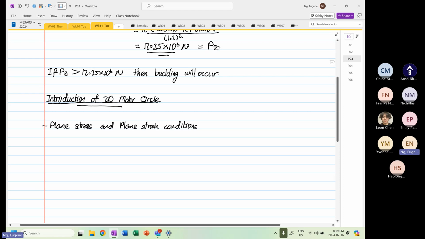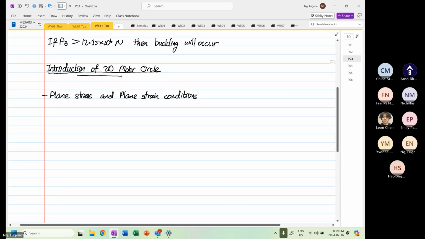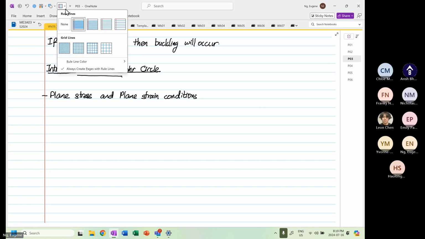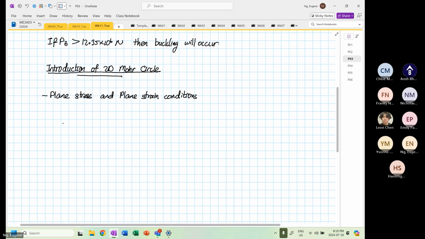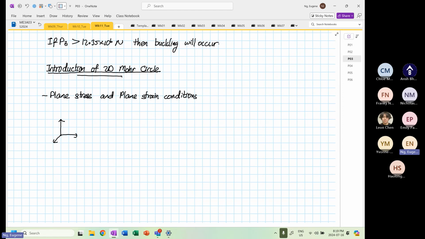Okay, you look at plane stress. So if we have an element, I'm going to construct my element. So you've seen this before. In real life, everything is in 3D. Nothing is in just 2D. We don't live in a flat world.